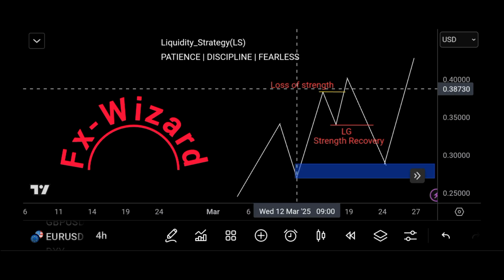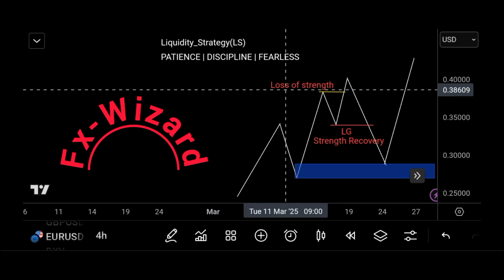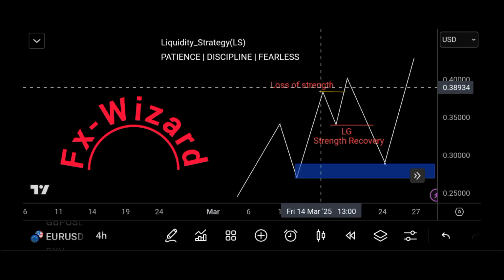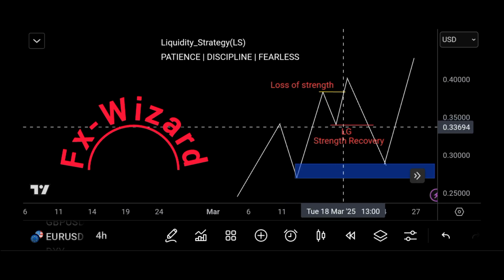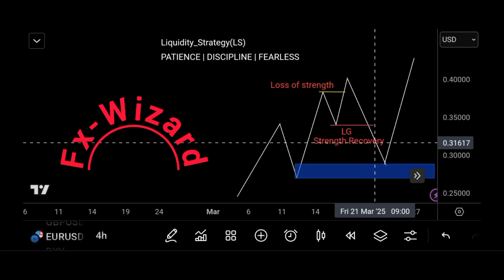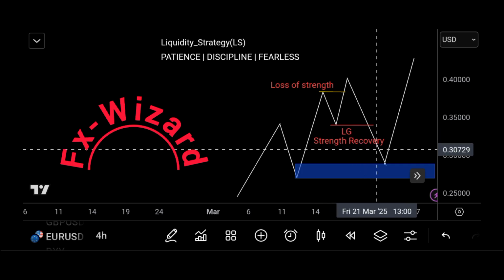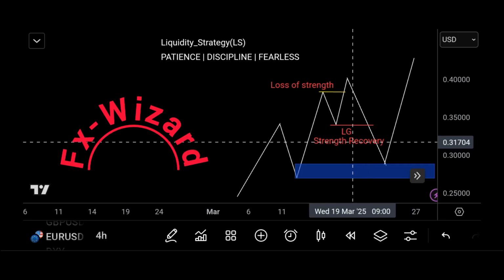like I labeled it here, loss of strength. Since we have a loss of strength, and the market is yet to give us a real change of structure, we need a strength recovery to continue the current move, because we do not have a change of structure.